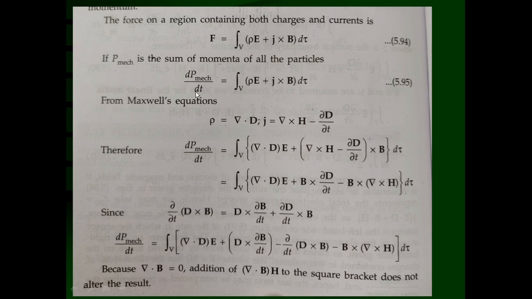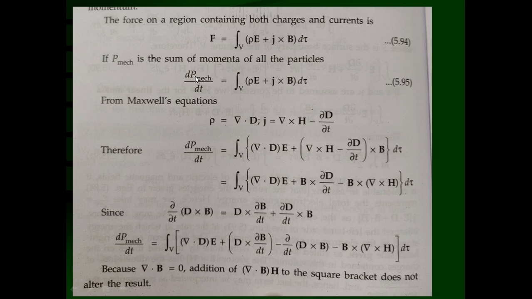So rate of change of the momentum is equal to force. So P mechanical is the sum of the momenta of all the charged particles. That is equal to the volume integration of ρ E plus J cross B dτ. So equation 5.94 is represented as 5.95.